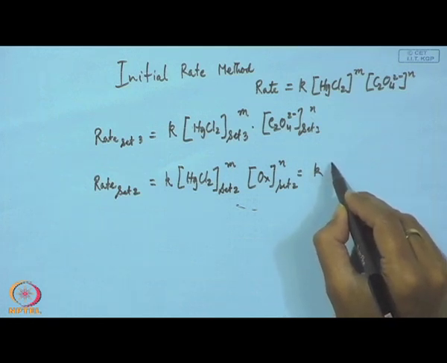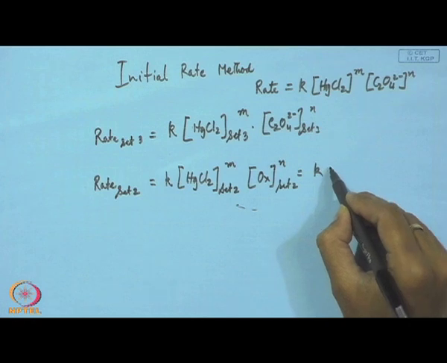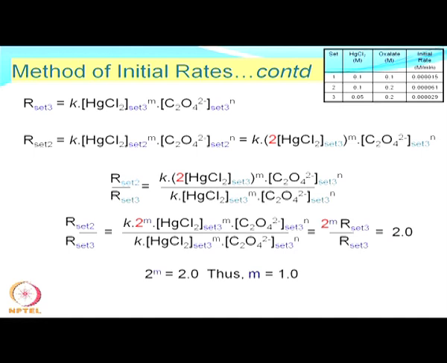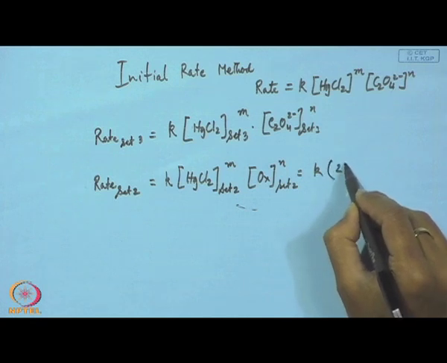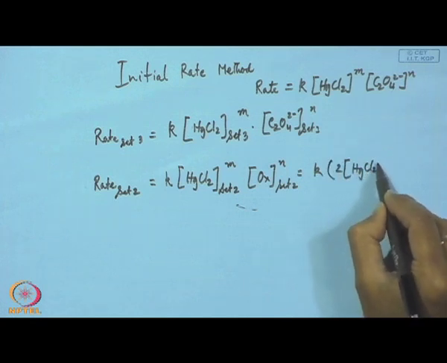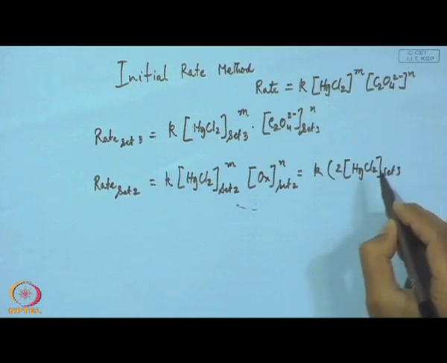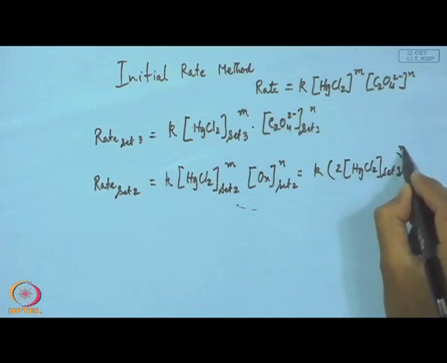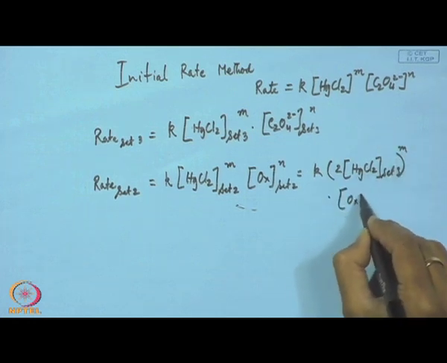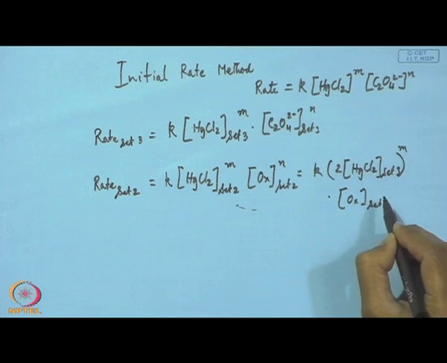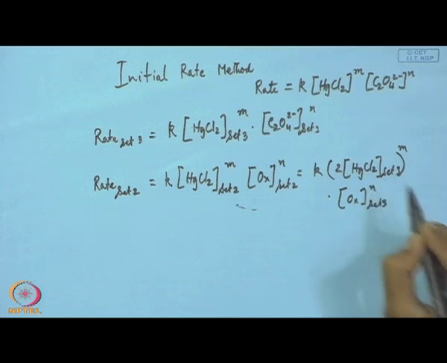For set 2 and set 3, the mercury chloride in set 2 is twice that of set 3. So, that means 2 times HgCl2 set 3 to the power m, times oxalate set 3 to the power n. Okay.